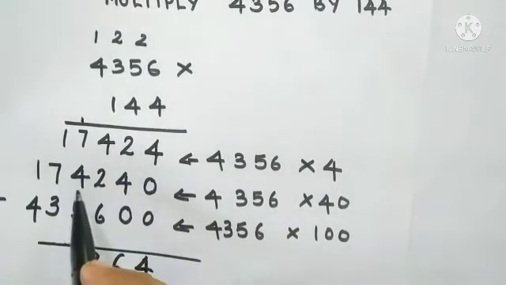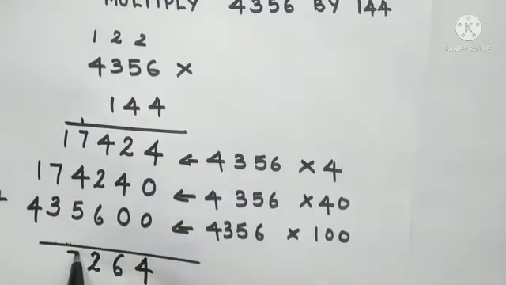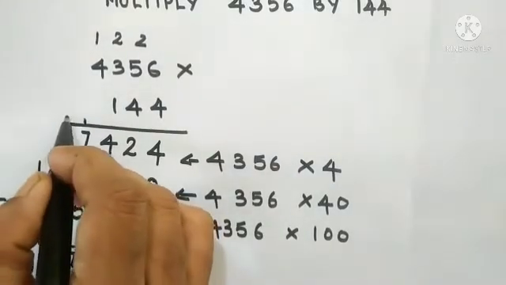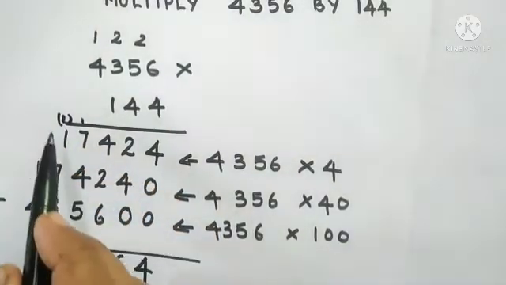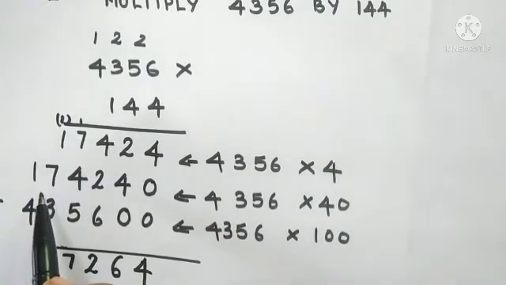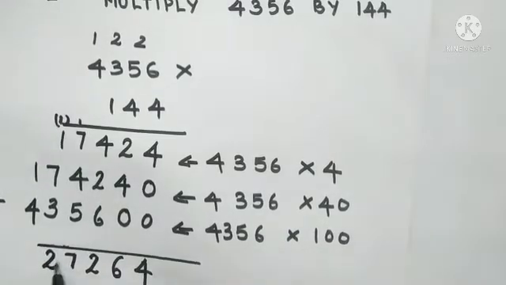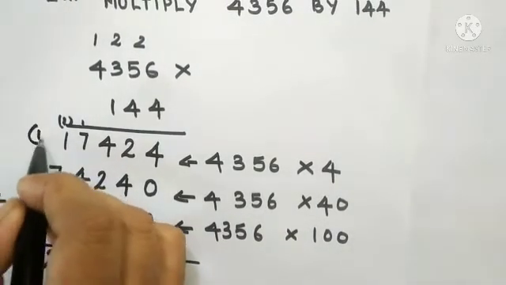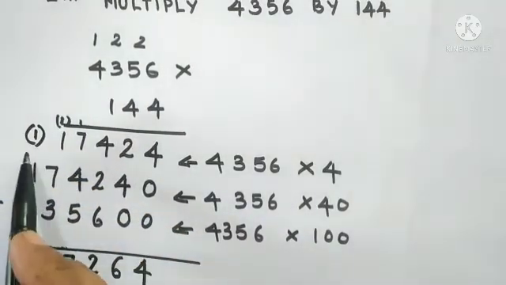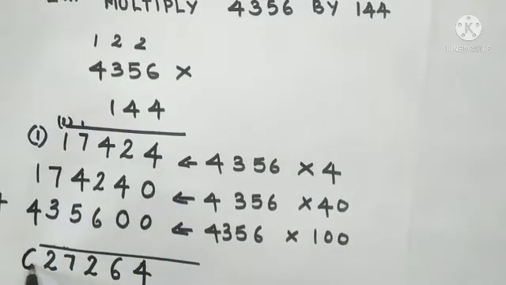Plus 4, 12. Plus 5, 17. Then 7, then remainder 1. 1 plus 1, 2. Plus 7, 9. Plus 3, 12. Then we put 2 here. Then 1 carry over here. 1 plus 1, 2 plus 4, 6.